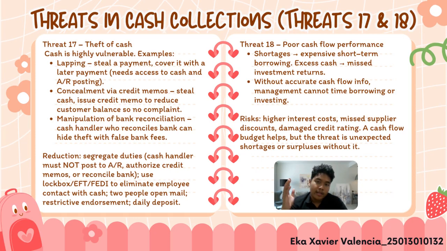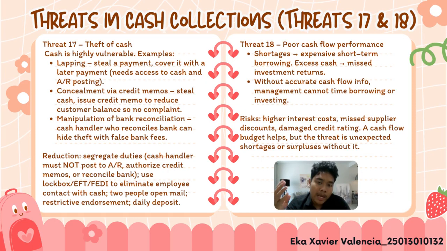This requires access to both cash and accounts receivable posting. Second is concealment via credit memos. An employee steals cash and then issues a credit memo to reduce the customer account balance. Because the balance is lowered, the customer never complains.